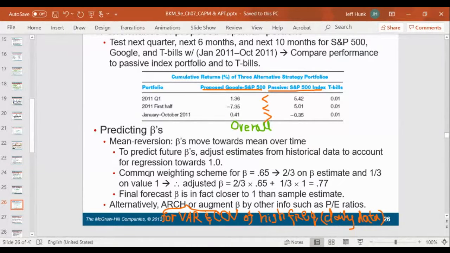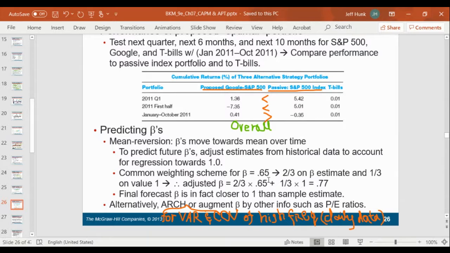So we'll have to allocate weight to the actual beta we calculated from the past data, and then allocate 1 minus that weight to the beta of 1.